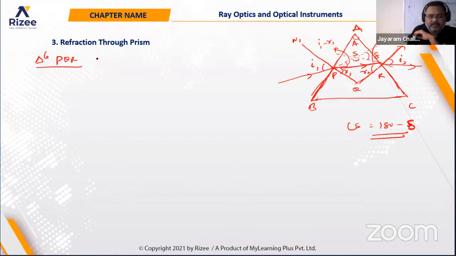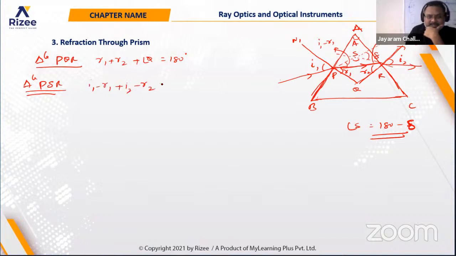From this triangle, we can write R1 plus R2 plus angle Q is equal to 180 degrees. So this is the first equation. From another triangle, PSR, I can write I1 minus R1 plus I2 minus R2 plus angle S, which is 180 minus delta, is equal to 180 degrees.